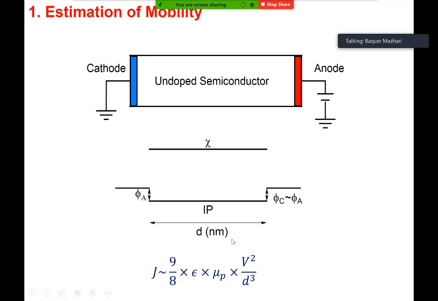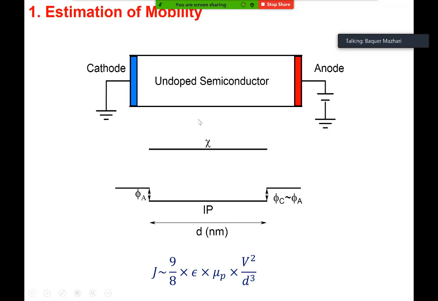If the mobility doesn't have a field dependence initially, this is a simple expression that we use for characterizing the current flow in a device like this. If we measure the current voltage characteristics, we can see that there is a mobility term. Most of the other terms, the permittivity and the thickness, are something that we know. Therefore, we could, in principle, by looking at these characteristics, extract the mobility in the semiconductor.